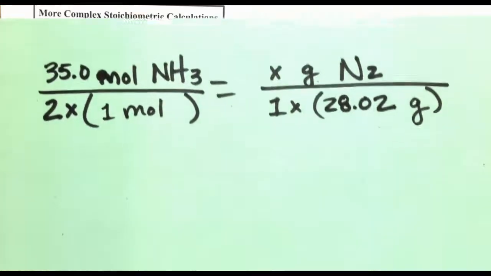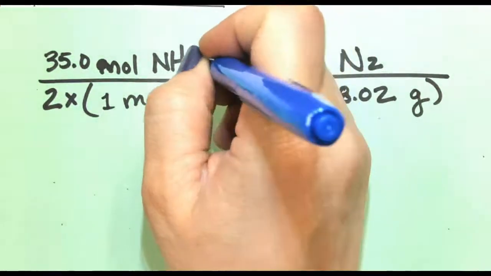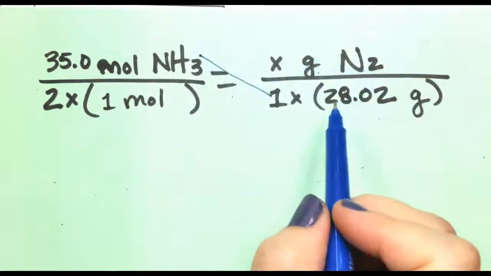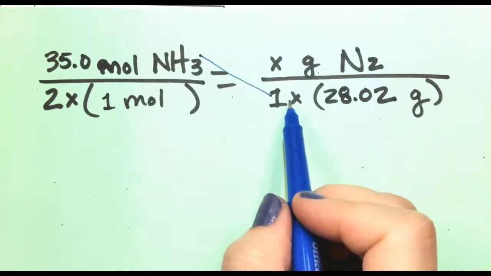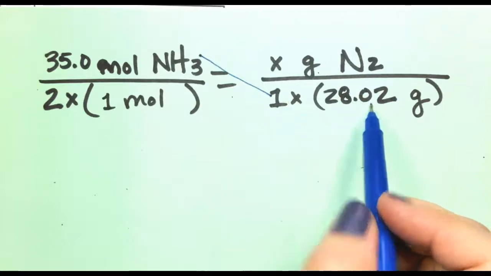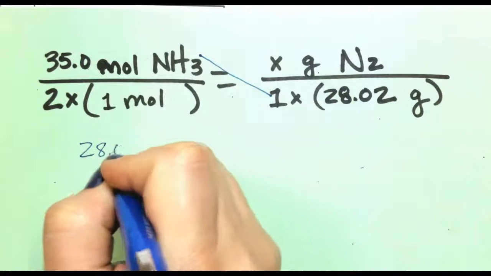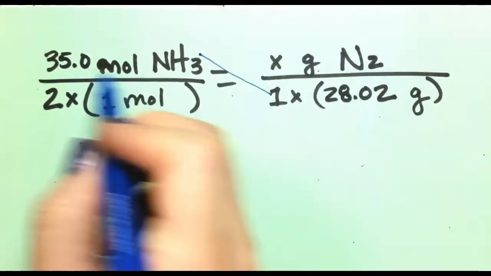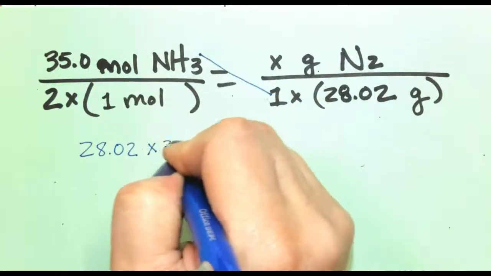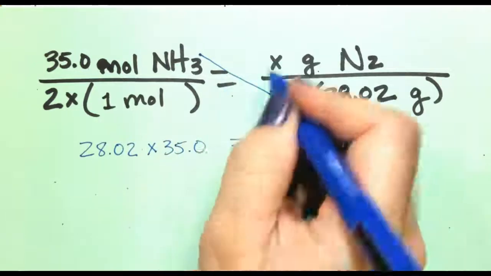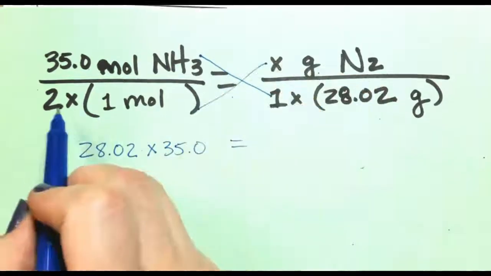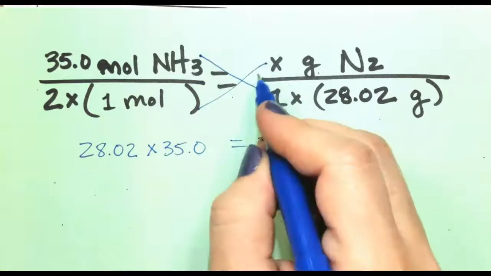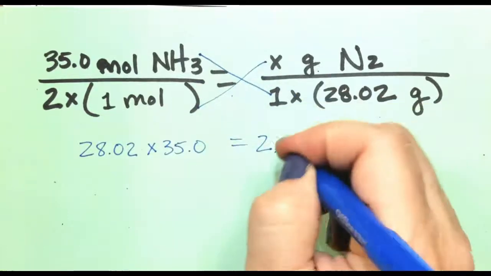Now we can solve this proportion. We're going to take this number times this number. So 28.02 times 1 is just 28.02. So we're going to have 28.02 times 35.0 equals, and then it's going to be this times this. 2 times 1 is just 2, and then 2 times x is 2x.